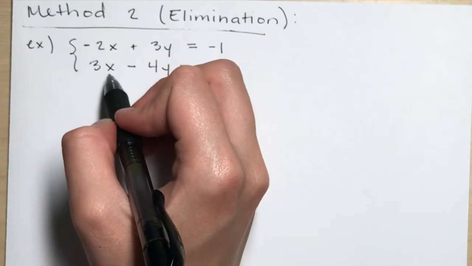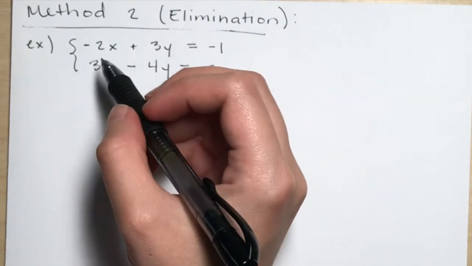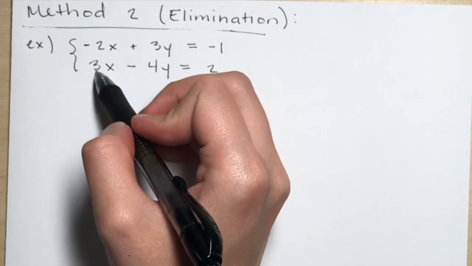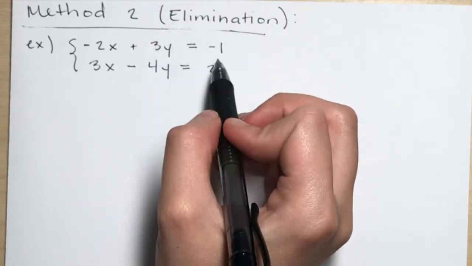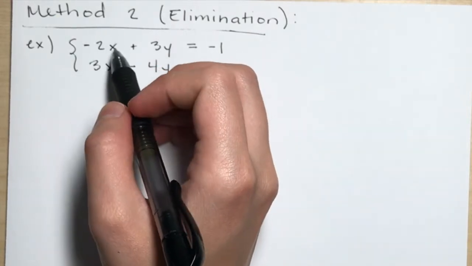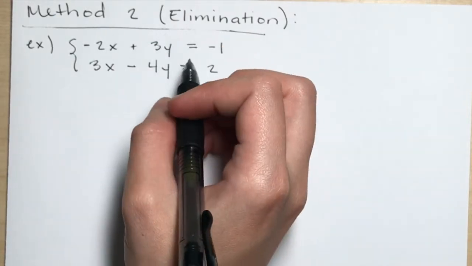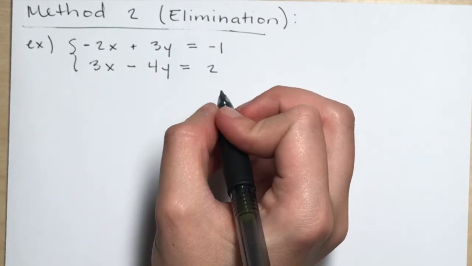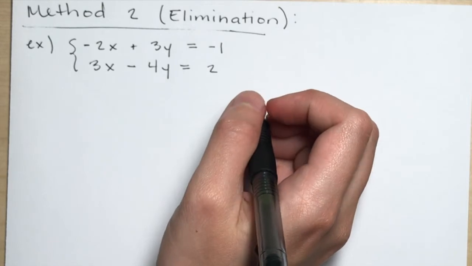If we wanted to multiply one of them by something, for instance, multiplying the smaller one up to the larger one, we'd have to multiply this equation by 3/2, by 1.5. That doesn't sound necessarily nice to work with.